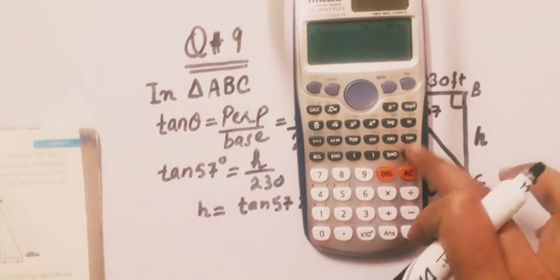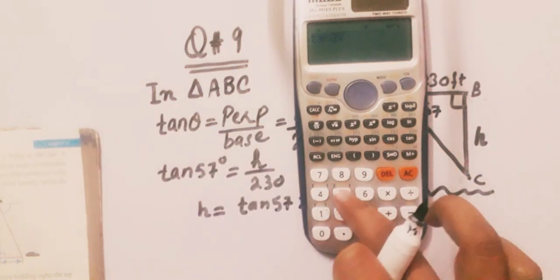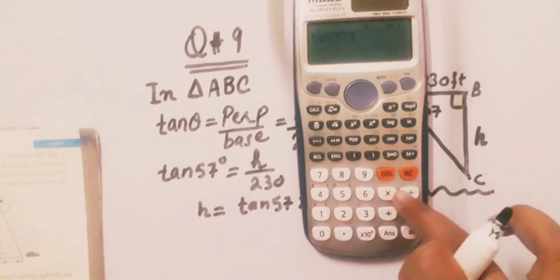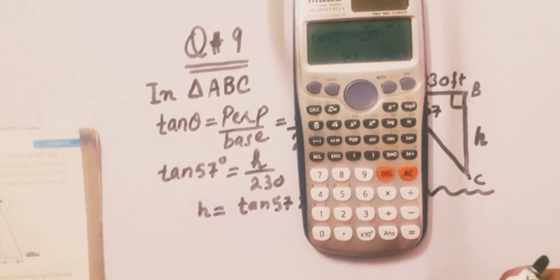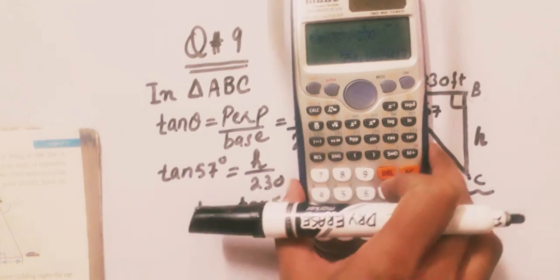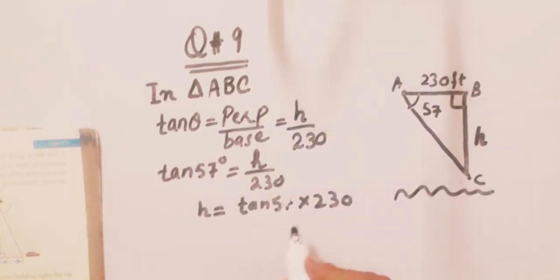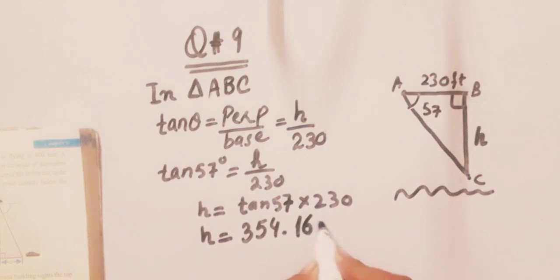So tan 57 multiply 230 is equal to 354.16. So H is equal to 354.16 feet.